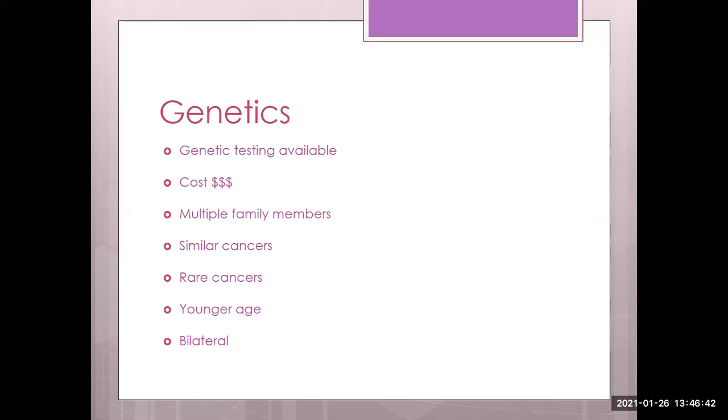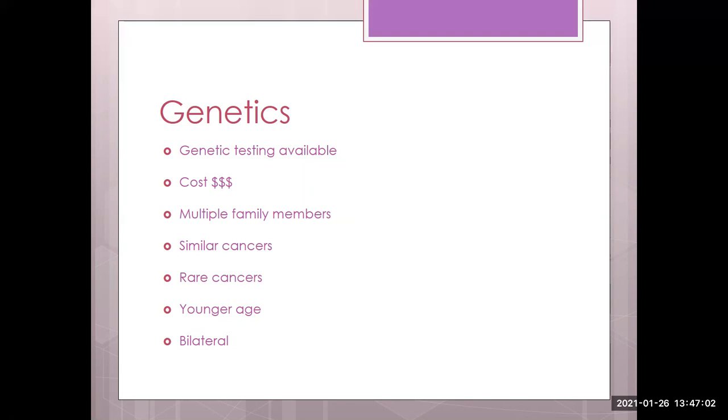If there's groupings of similar cancers, like a mother had breast cancer and a daughter had breast cancer, then the granddaughter is going to be very high risk for it. There's also similar cancers in the fact that we know certain cancers are genetic or are linked together.